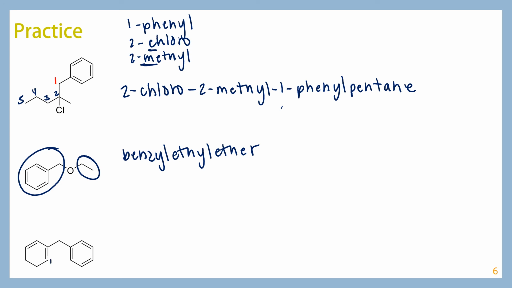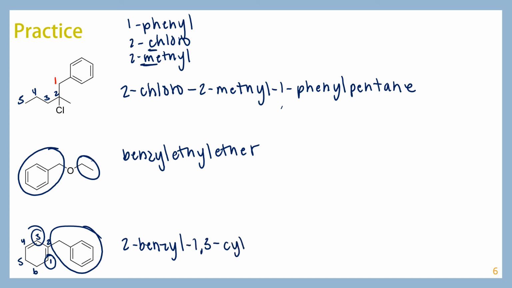Our lowest numbering scheme is going to start down here. 1, 2, 3, 4, 5, 6. And we have the substituent 2-benzyl. So 2-benzyl, and then 1, 3 cyclohexadiene.